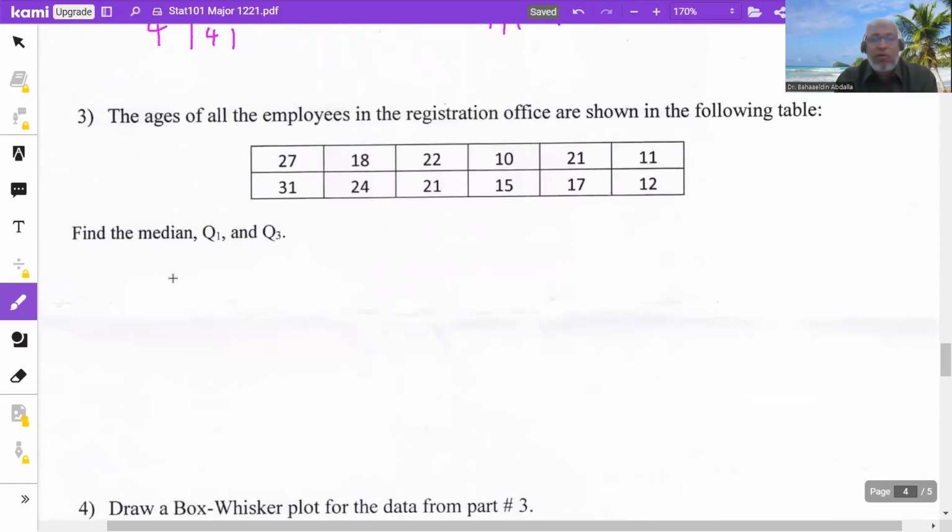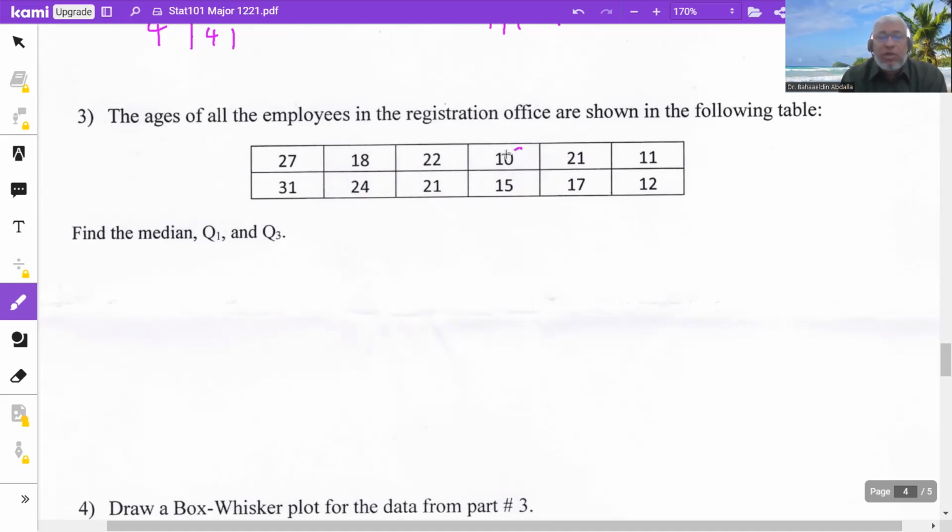The ages of all the employees in the registration office are shown in the following table. So these are the ages. How many? 12 numbers. Find the median, Q1 and Q3. Well, to find the median and the quartiles, we have to arrange the data.